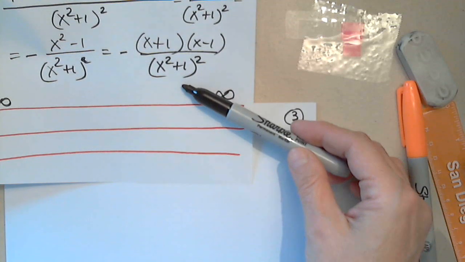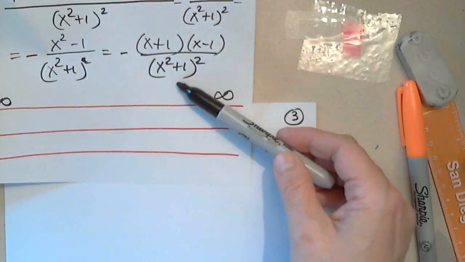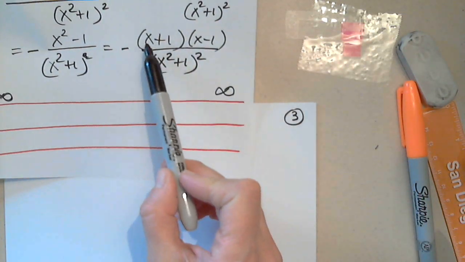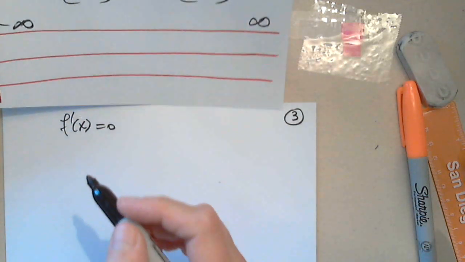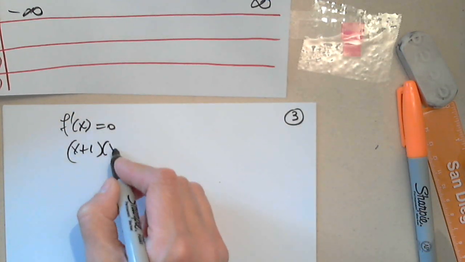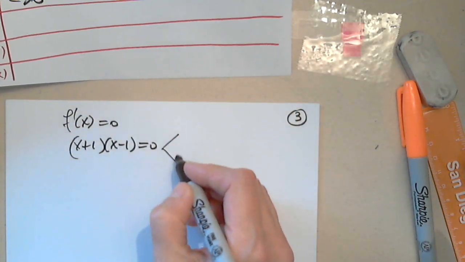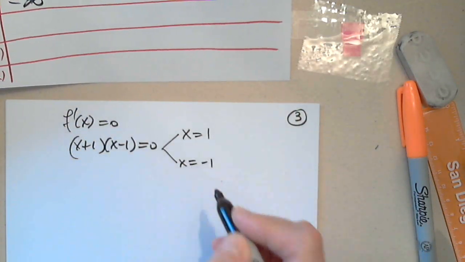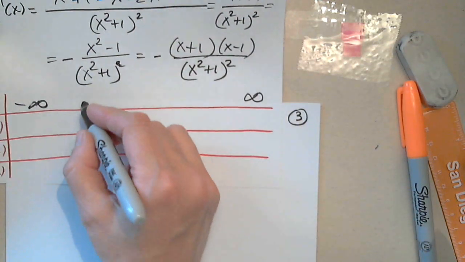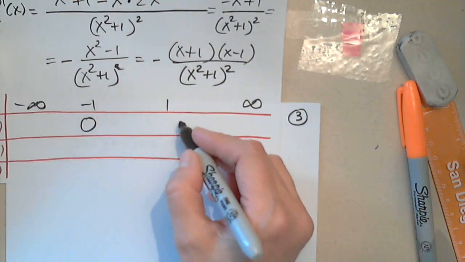The bottom cannot be 0, it will be undefined, but in this case it's not possible. So only the numerator can be 0. So when I set x plus 1 times x minus 1, which is the numerator, that's why I factored it, I get positive 1, negative 1. In the correct order, negative 1, 1, 0, 0.